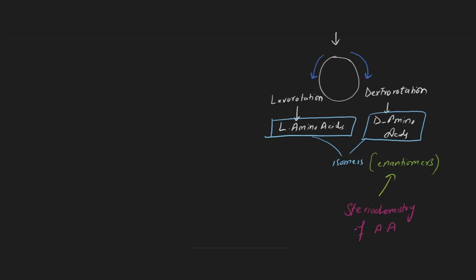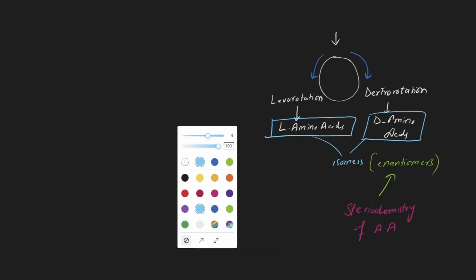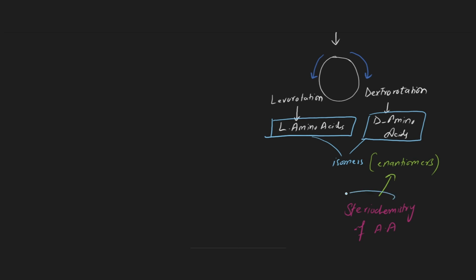Before moving forward, just let me explain one thing here, that is, what is stereochemistry. From your basic organic chemistry knowledge, you can easily answer this question: stereochemistry deals with those molecules which have the same atomic connectivity.